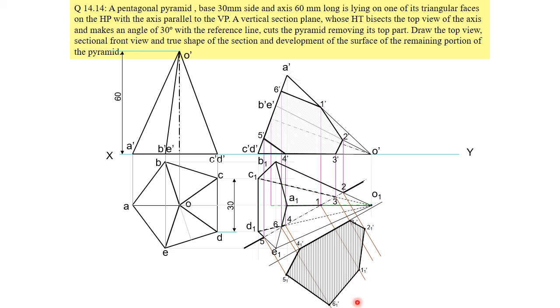So 1 dash, 2 dash, 3 dash, 4 dash, 5 dash, 6. These are all the points of the true shape that we need to join and hatch after joining all these points. So this is the true shape of the sectional view.